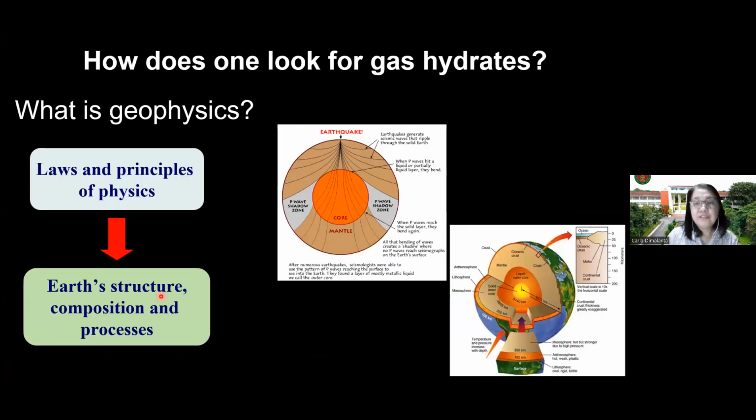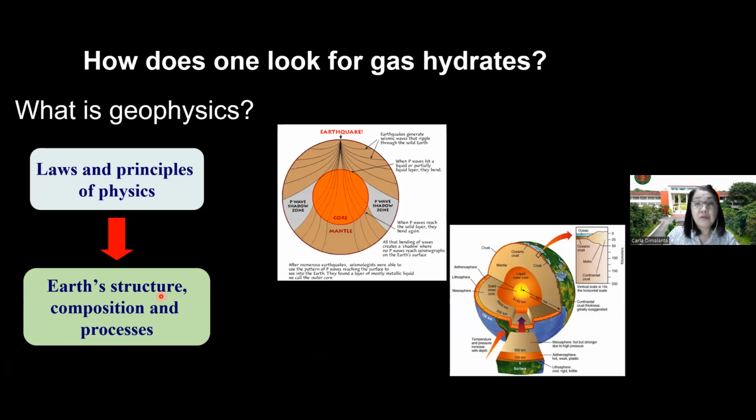So again, geophysics just means we try to recall all the laws and principles of physics that we learned in our physics courses. And then with those principles of physics, we try to relate them in order to get clues about the Earth's structure, the composition, meaning the rocks, minerals, deposits, as well as processes.